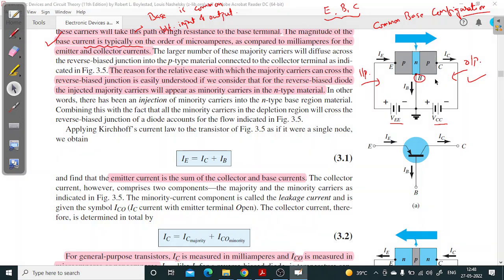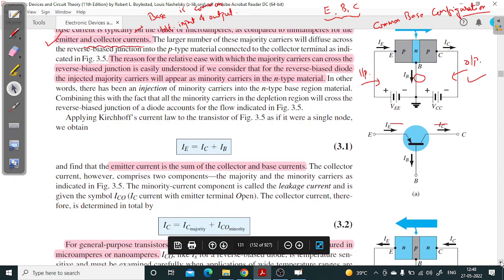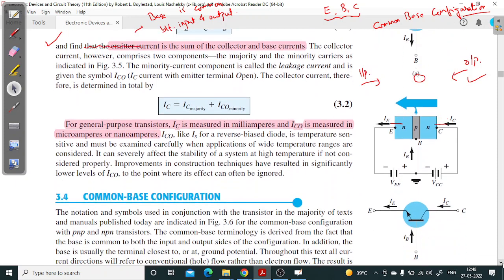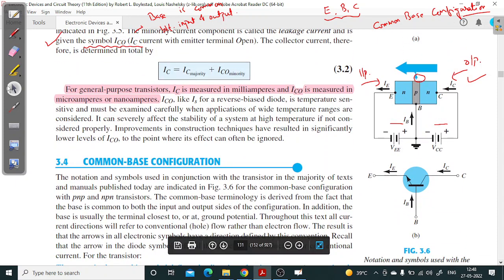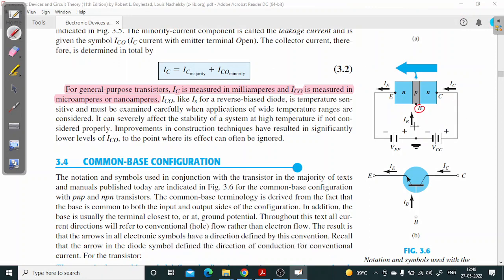So this is the connection for common base configuration for a PNP transistor. Similarly, we can have common base configuration for an NPN transistor also. Look here, the base terminal is connected to ground, and this is NPN.